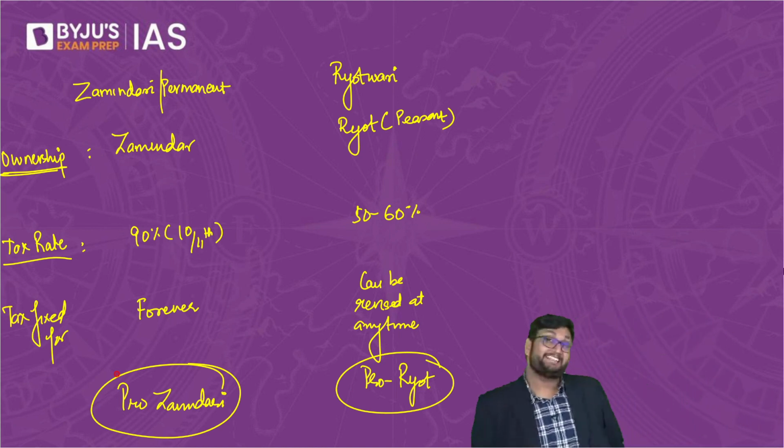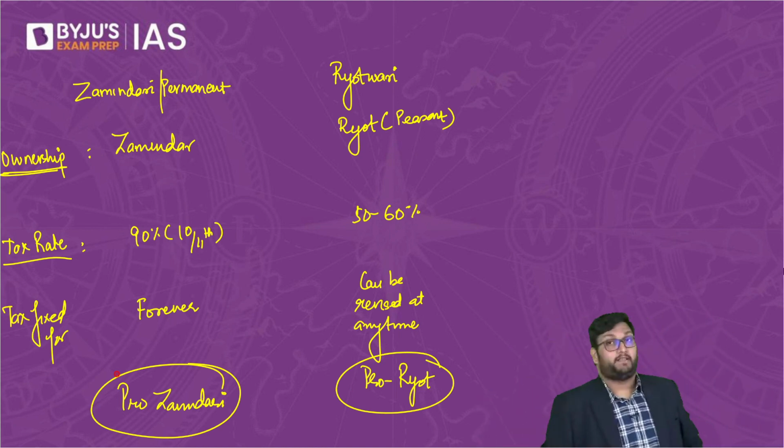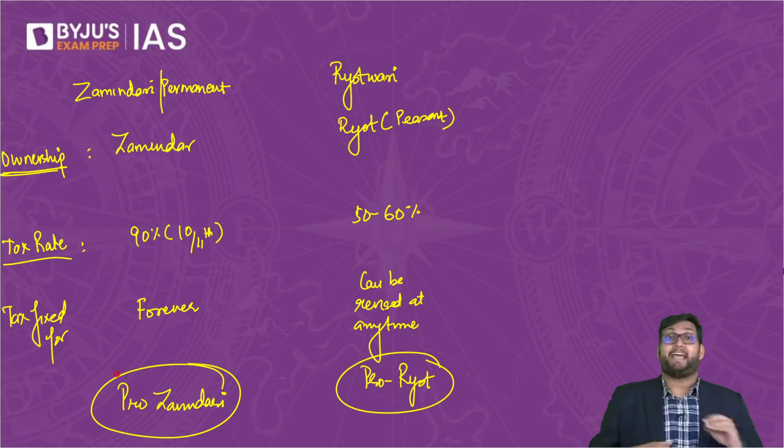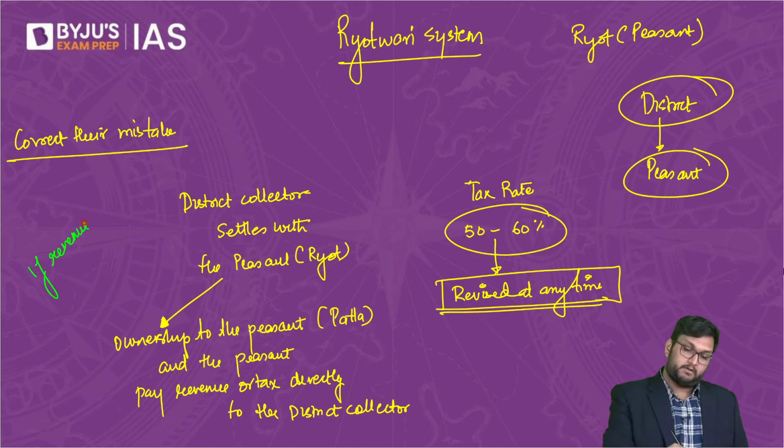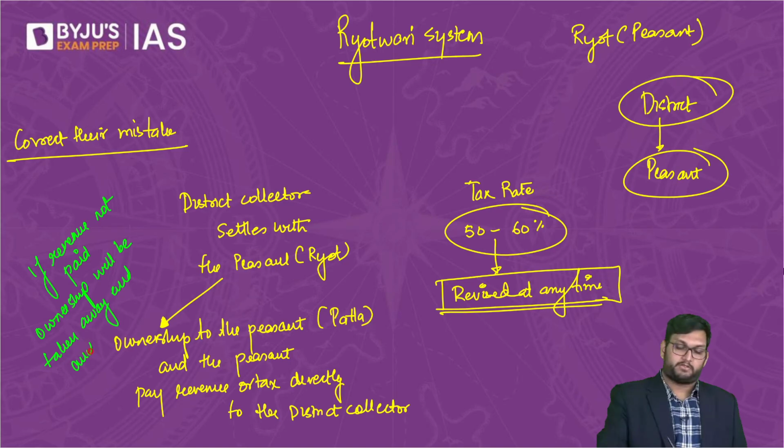But there is a clause, the same clause as in zamindari. If revenue not paid, ownership will be taken away and auctioned to the highest bidder.